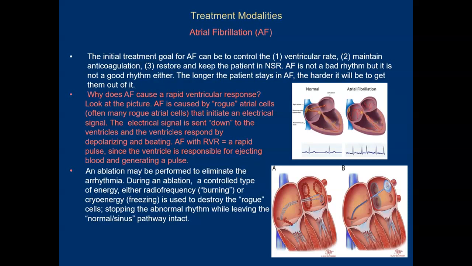And of course, the really big goal would be to restore them to normal sinus rhythm. Atrial fibrillation is not a bad rhythm, but it's not a great rhythm either. It can affect the cardiac output as the patient ages. It can get worse, and so the longer we keep them in AFib, the harder it is to get out of it.